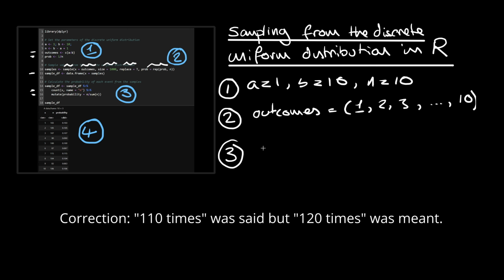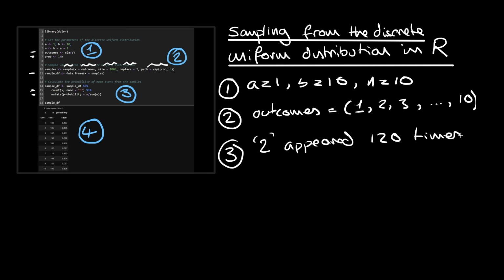So this means that in the sample data frame, we count that 2 appeared 120 times. And then we estimate the probability of that outcome by dividing by the total number of samples, which would be 120 over 1000. This becomes clearer in the printout in section 4 here.